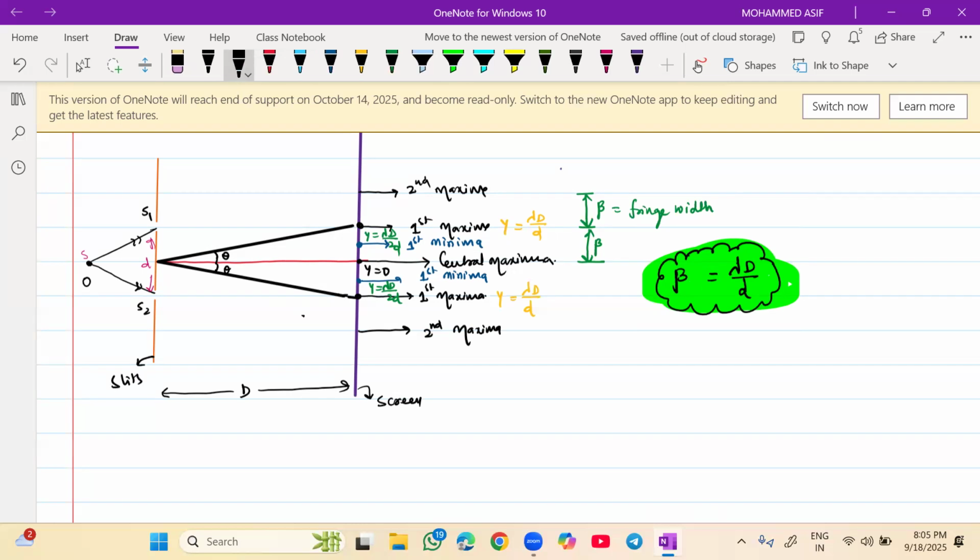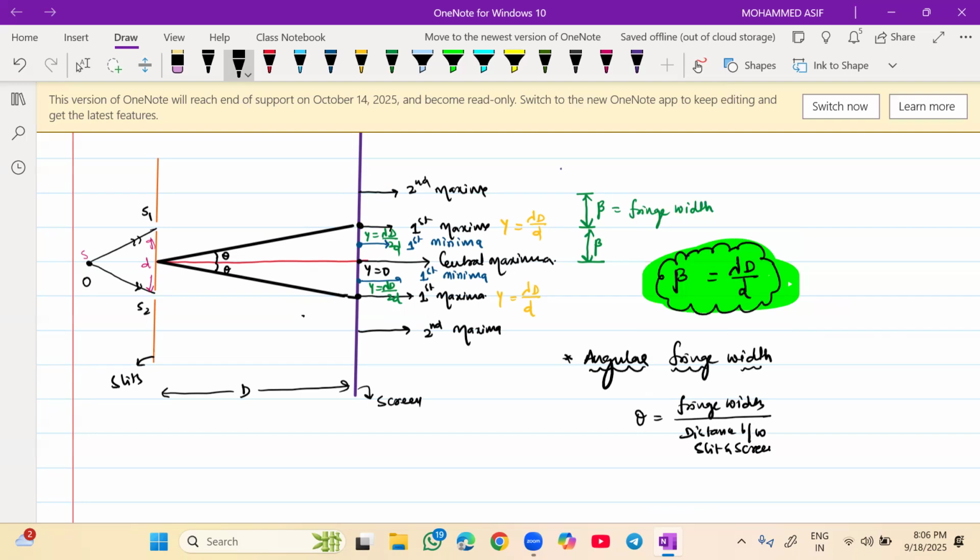Am I clear? Yes. Next is another very important formula, angular fringe width. Angular fringe width, that is theta. So theta value will be equal to how much? Fringe width divided by the distance between slit and screen.